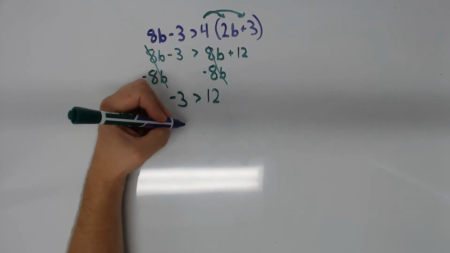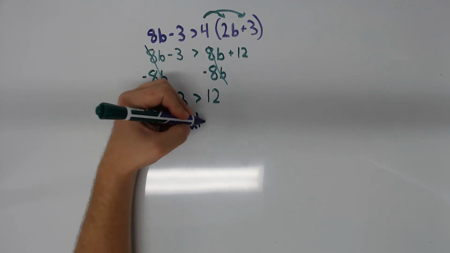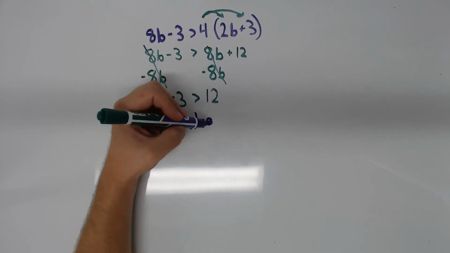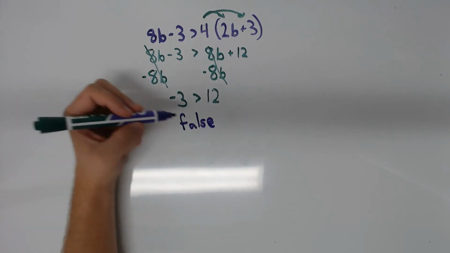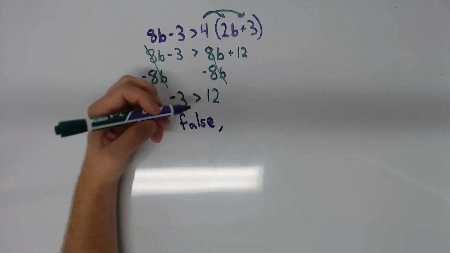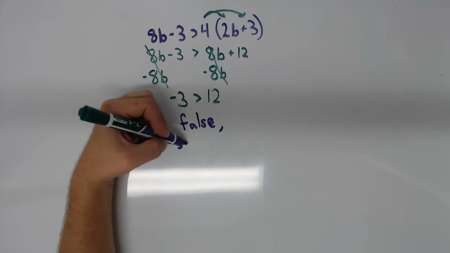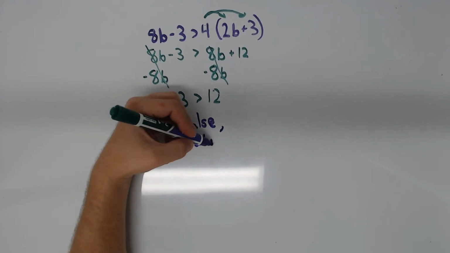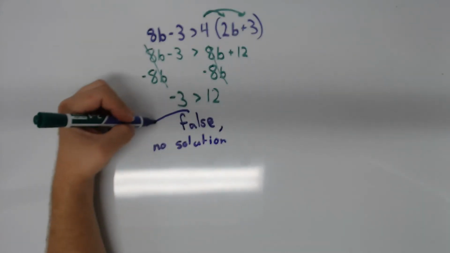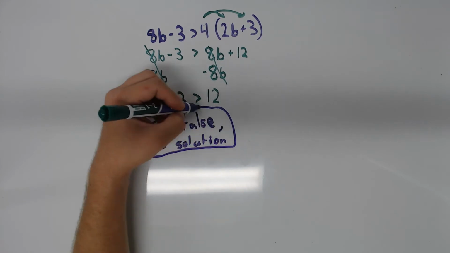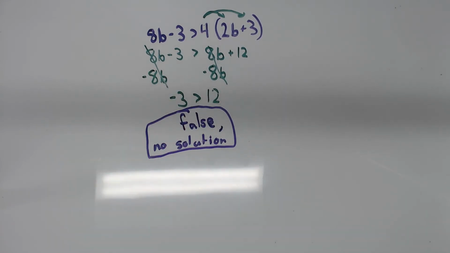That is a false statement. So think back to when we were doing the true-false problems in class. This is a false statement, so it's no solution. That means no matter what we plug in for b, the inequality will never come out true. So that's a no solution.